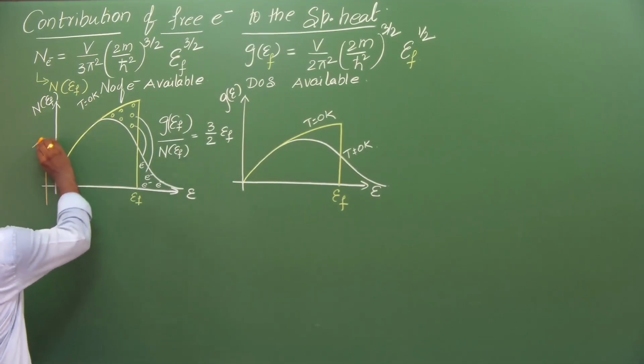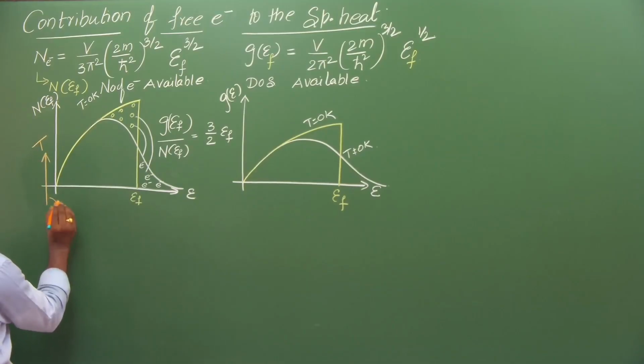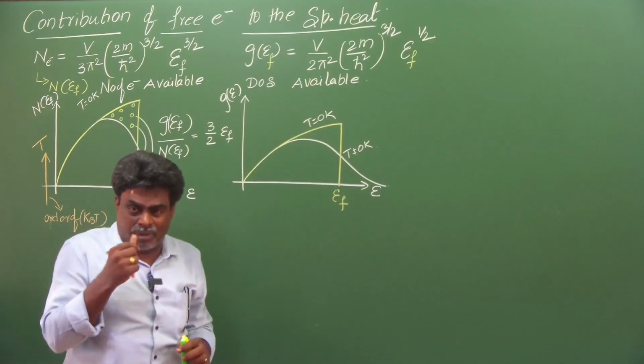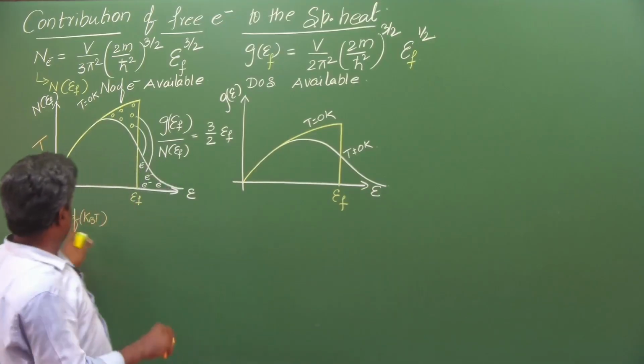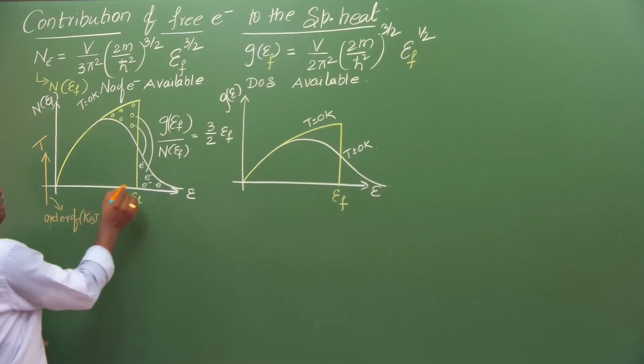Listen. Once I increase the temperature, how will we increase? In the order of kBT. So once you have increased the temperature, that means the energy is increasing in the order of kBT. So what will happen? Now this is the Fermi level.